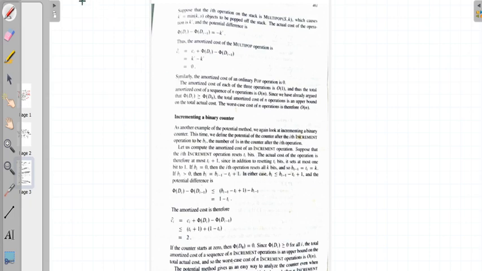Okay, so we were dealing with amortized analysis, right? In that amortized analysis, we have seen incrementing the binary counter with aggregate analysis.